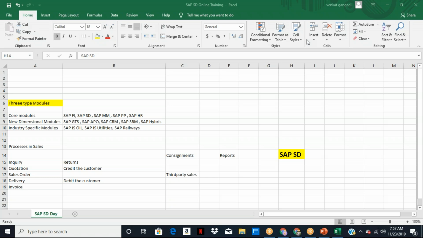Otherwise he will always be a master data element in your business process. Like this, the material also. You use that material forever and ever, unless you want to block it or delete it from the system.